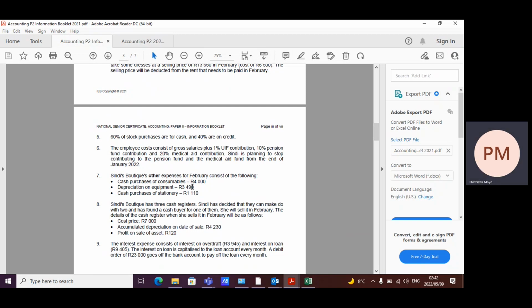Depreciation is a non-cash item, guys. Remember I said the cash budget is a futuristic cash flow. So in the cash flow, we try to take out depreciation as much as possible because it's a non-cash item. It's the same case also for the cash budget.